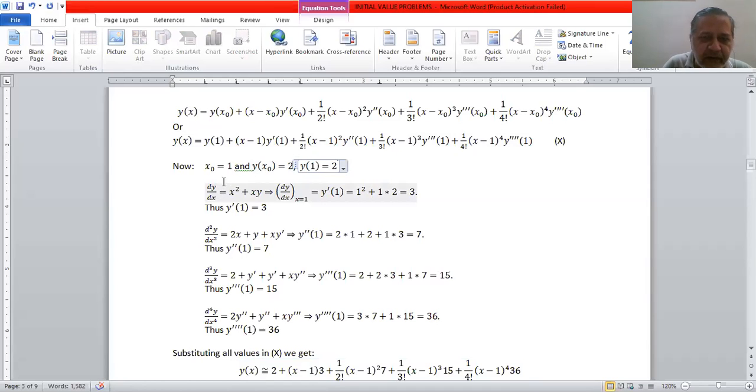Then look at the derivative, जो differential equation में दिया हुआ था x square plus xy. So x is equal to 1 और y is equal to 2 इसके अंदर रखें, तो डेरिवेटिव एट x1 आ जाएगा, यानी y prime at x1, x is equal to 1, so 1 is squared, x into y, 1 into 2, and we get y prime at 1 is equal to 3, जो कि हम यहाँ इस जगह इस्तेमाल करेंगे. So y prime at 1 is equal to 3 ऑब्टेन हो गया.